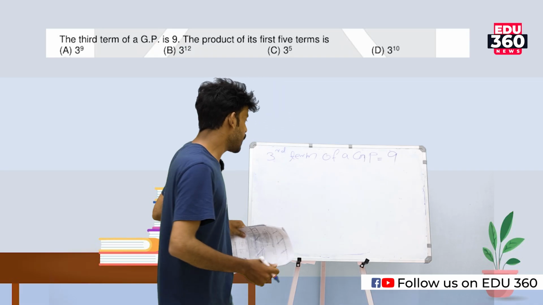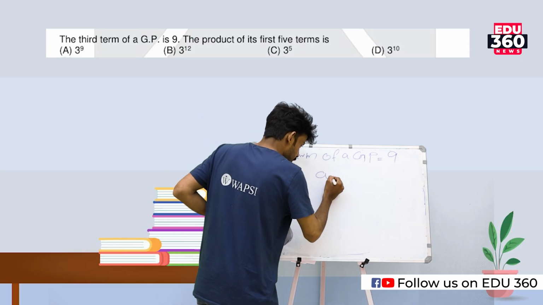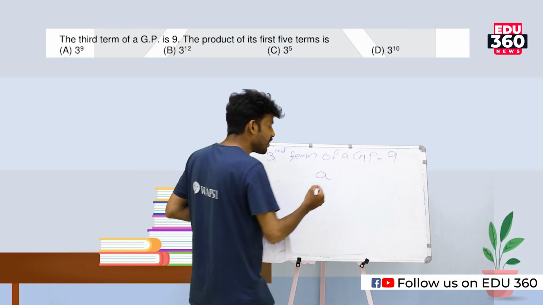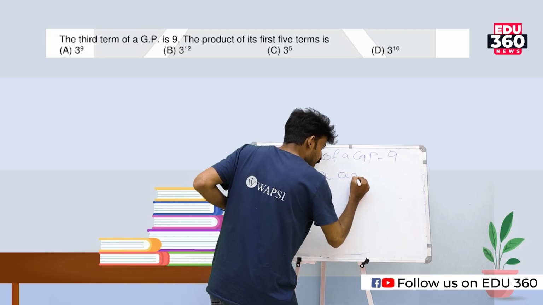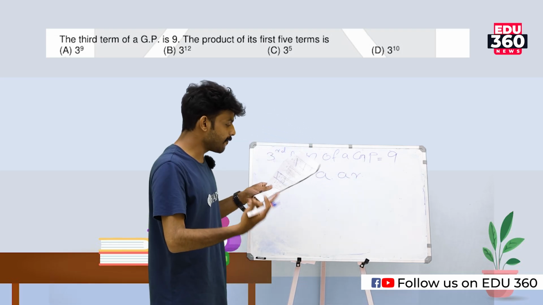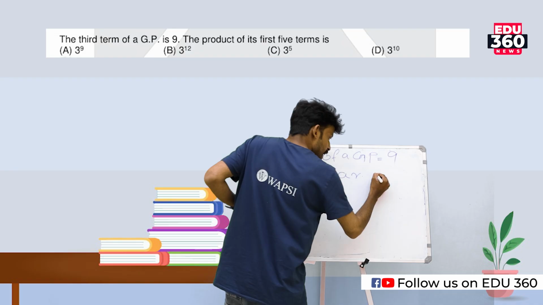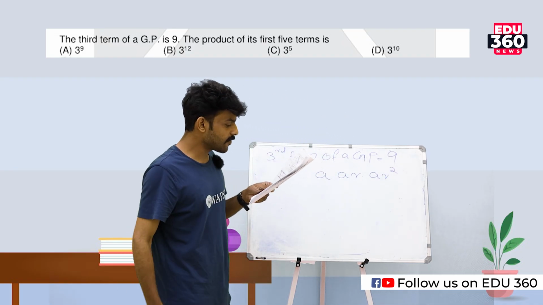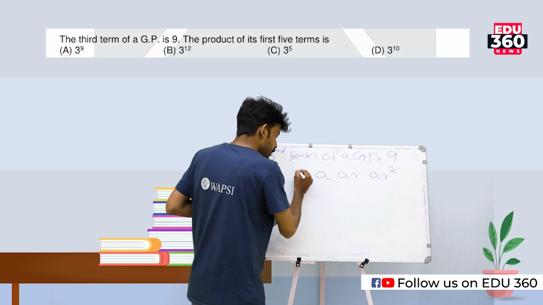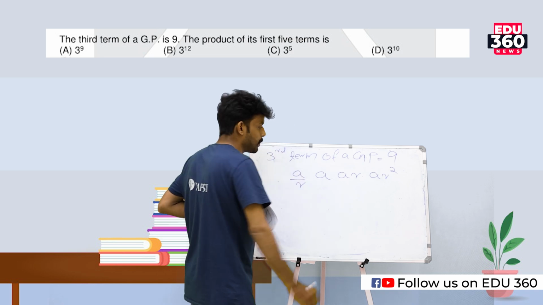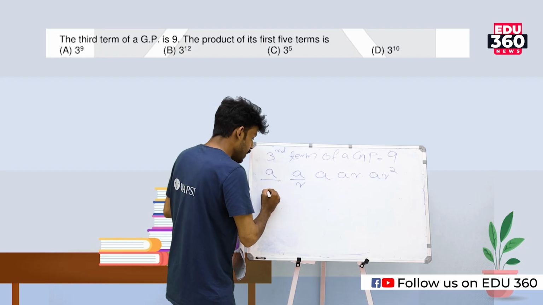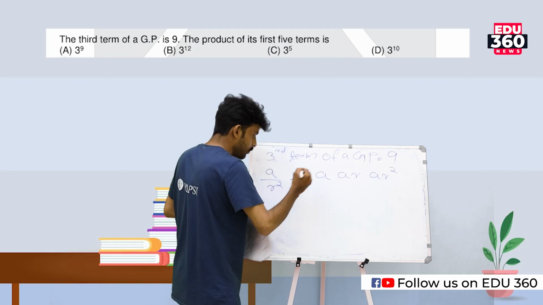First of all, I am going to consider the middle term a. It is already mentioned that it is a GP, so the next term is AR, then AR square, and before a, A by R, and before that A by R square.